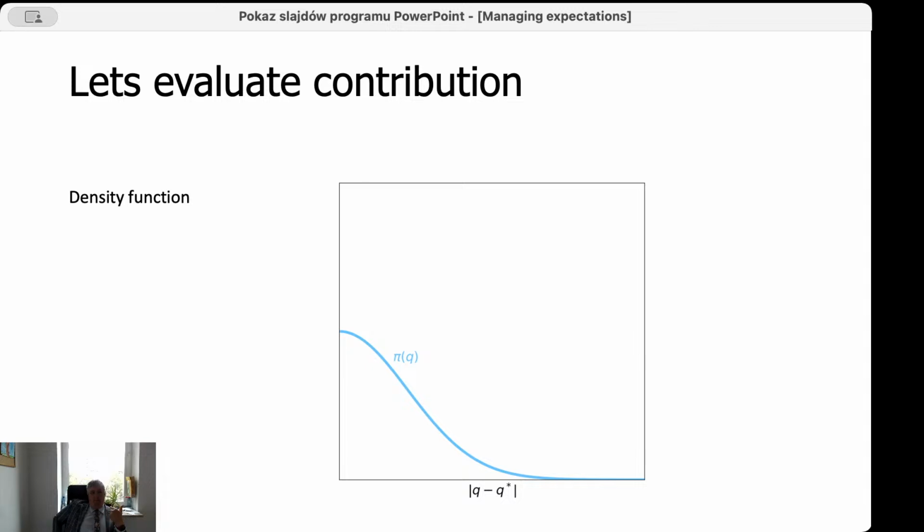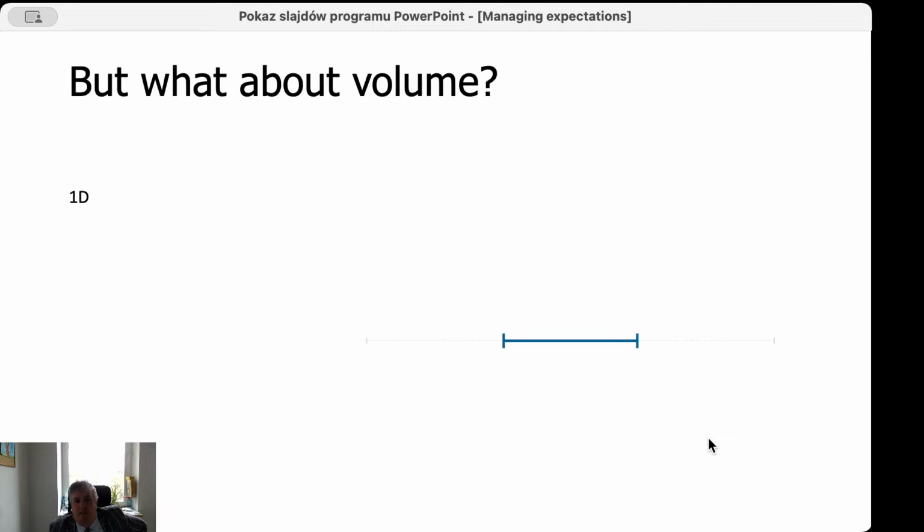However, this generally looks like this. Our density function, when considering the distance of point Q from the mode, at zero distance has its maximal value, and the further away from the mode, the smaller the function is. However, this situation completely neglects the aspect of the volume.